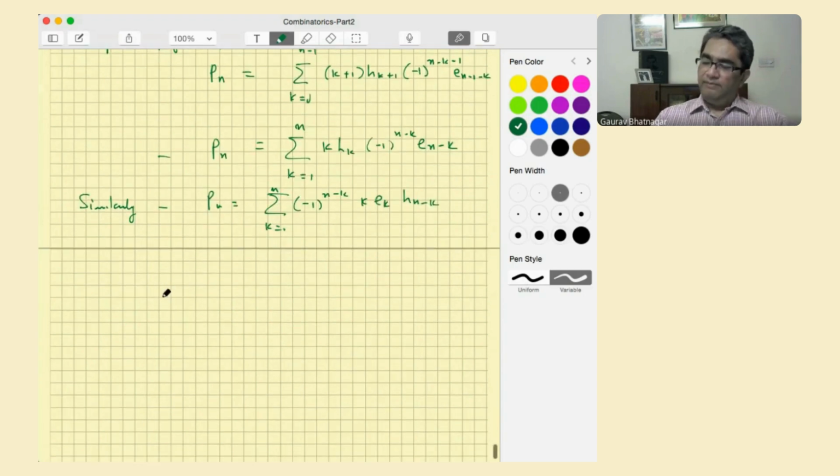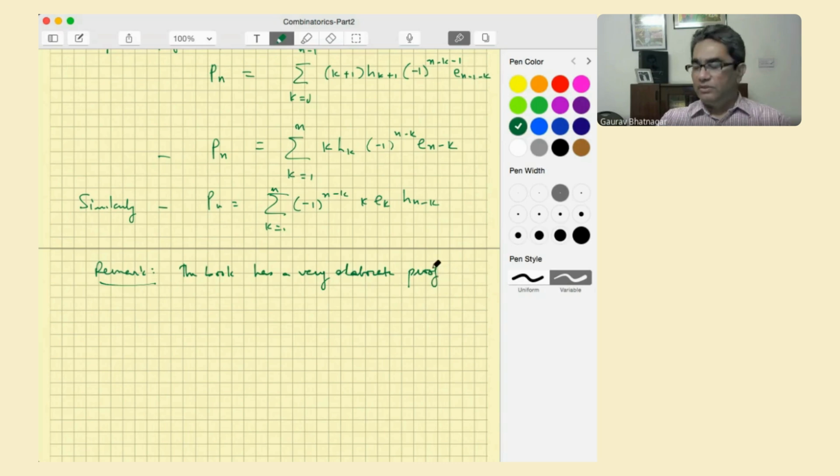So the book has a very elaborate proof. He counts actually and sees it, so it gives some intuition. See proposition 3.2.